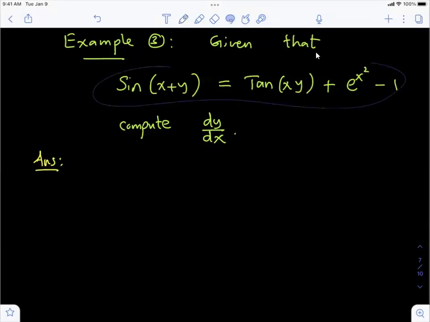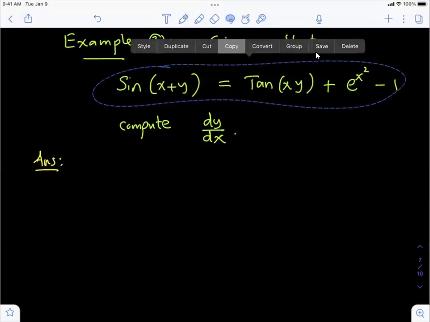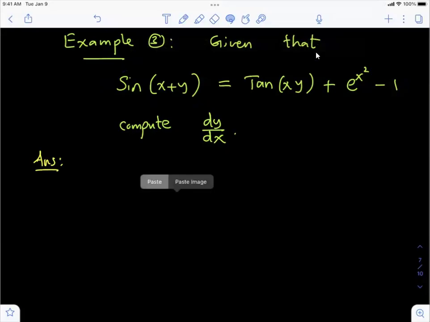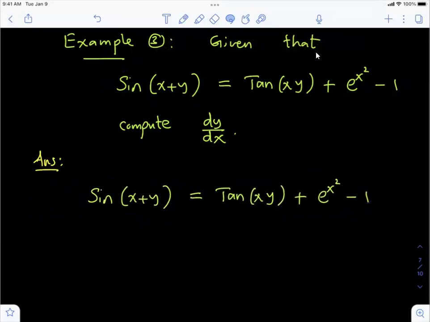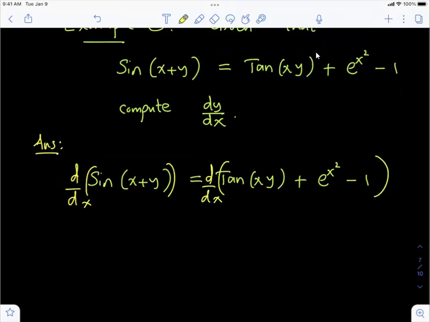I'm going to copy and paste. And then don't forget, what I'm going to do is take the derivative of the left and the derivative of the right. Now, without much explanation, I'm going to do the computation. I recommend you take a moment, do it yourself, and check the answer. Now let me do it directly.